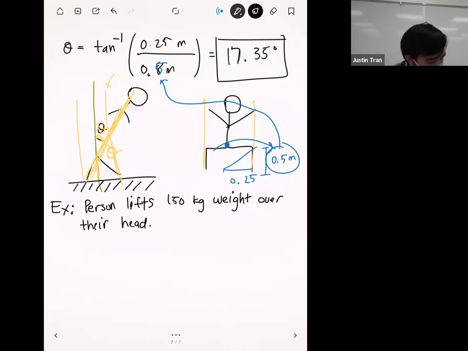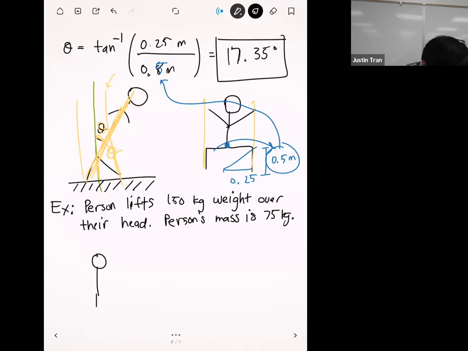And let's say that the mass of this person is 75 kilograms. So this person is basically holding double his body weight above his head. Okay, so it might look something like that.